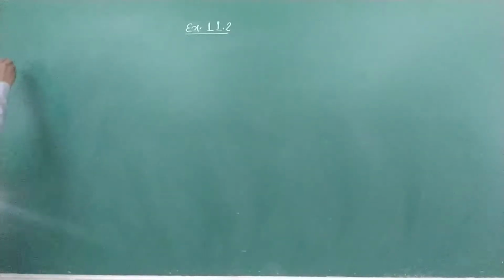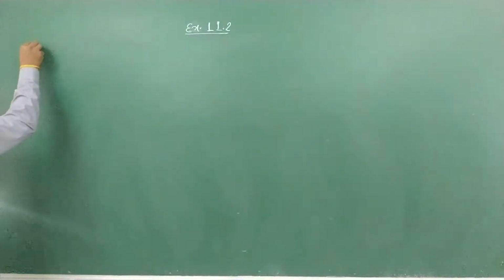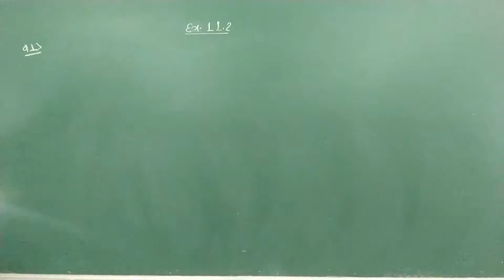So now question number first of 11.2. Triangle ABC is given, and one side and the base angle are given.